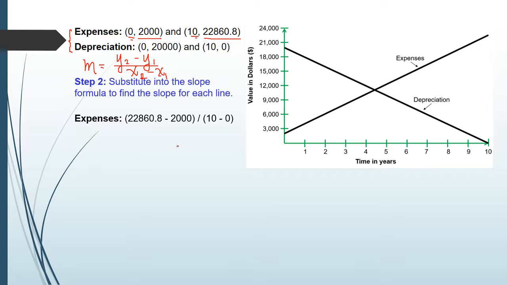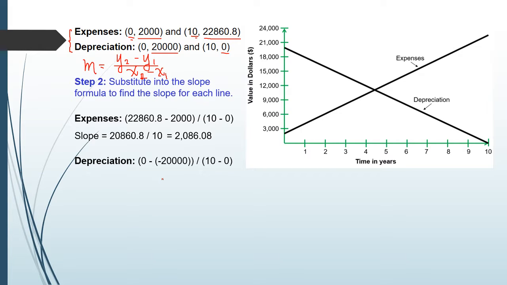Subtracting the top gives you $20,860.80 divided by the bottom, which is 10. So the slope for the expenses is $2,086.08. Do the same thing for depreciation. We take the second minus the first y value, so 0 minus 20,000.